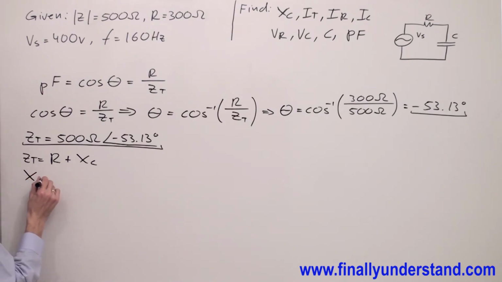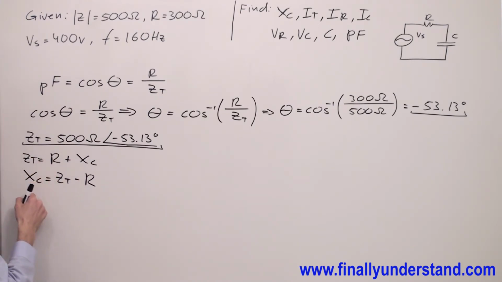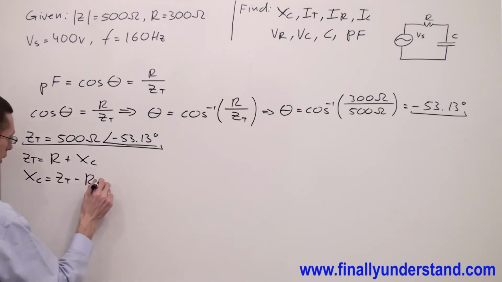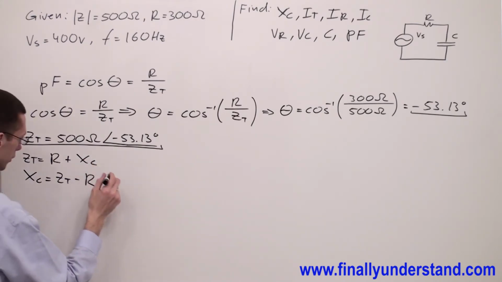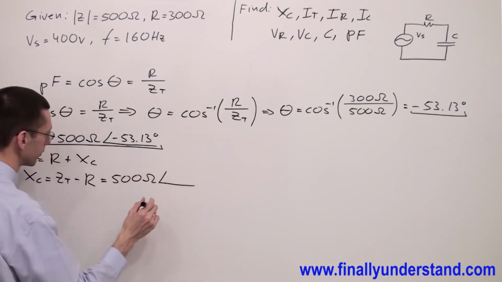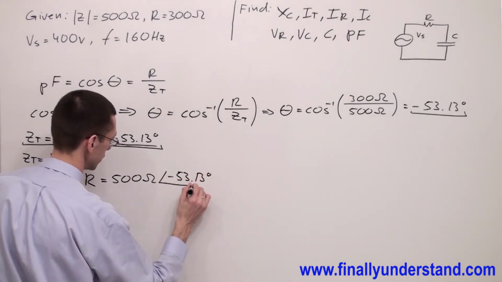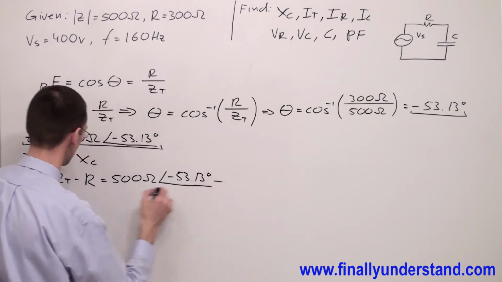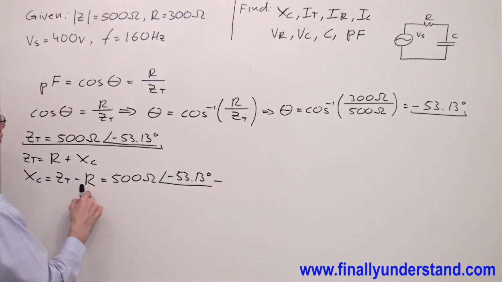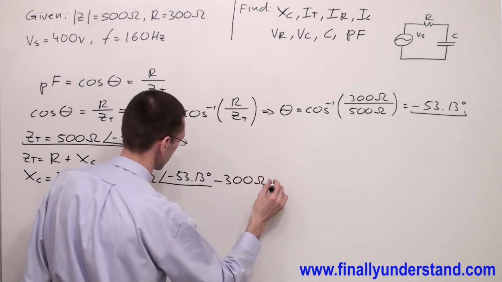So X of C is equal to Z total minus resistance. Okay, I simply move R to the left side and I'm going to have X of C equals Z total minus R, where Z total we found is equal to 500 ohms and angle of negative 53.13 degrees, minus resistance, which is equal to 300 ohms.